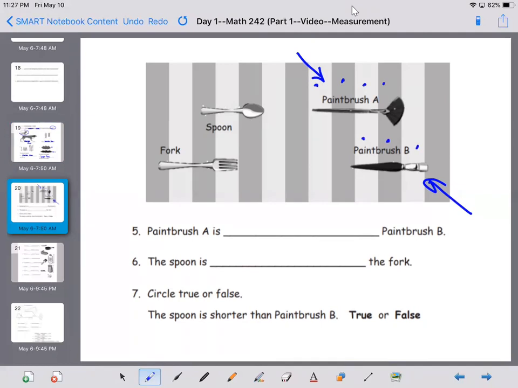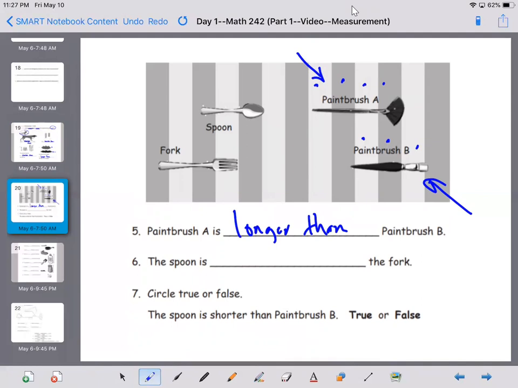Well, then we would say paintbrush A is longer than paintbrush B. Some students may just be able to look at that and reason that out. Some kids may need to do a measurement to see that, and that's okay.